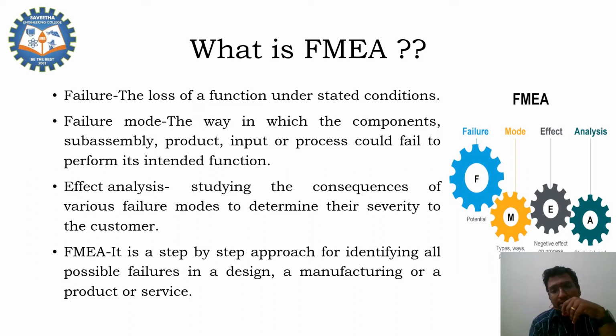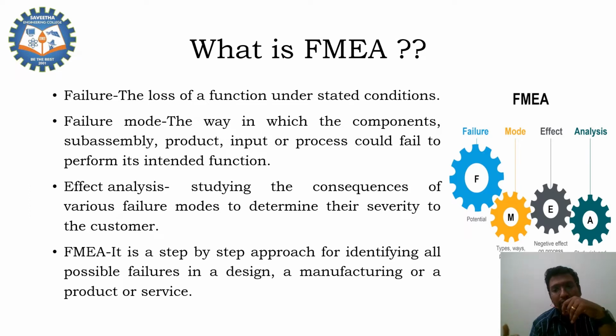The best example for FMEA is the crash test. When a new car model is being manufactured, it is sent for a crash test. A crash test is a form of destructive testing, done to identify the safe design standard of a car. It is done before the car reaches the customer. They analyze with all the necessary equipment and identify whether the car is safe or not.